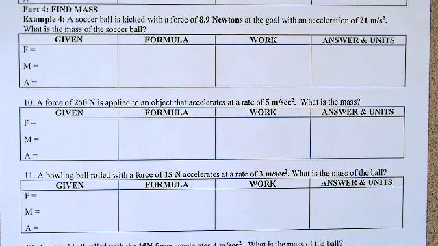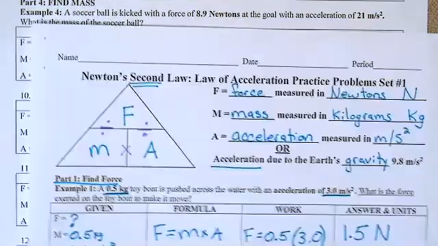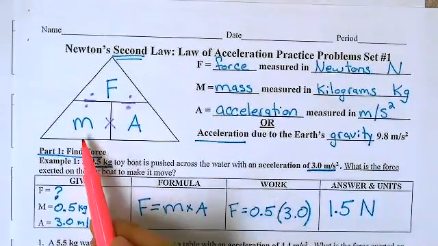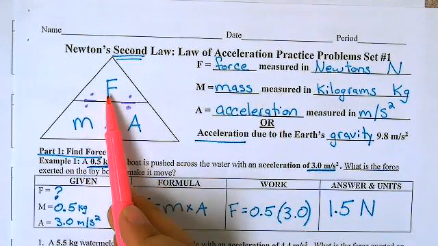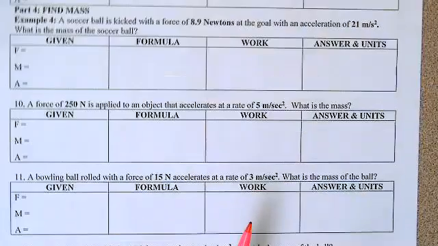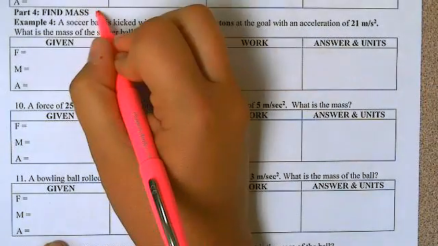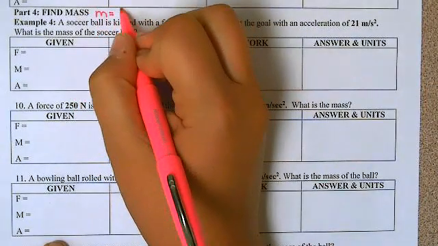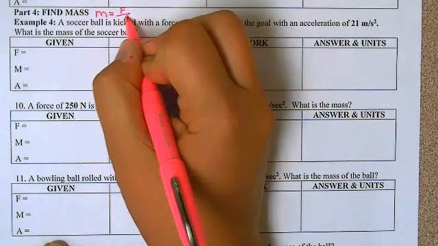All right, for part 4, we are finding the mass. So if we come back to our math triangle, when we're looking for mass, we're going to do force divided by acceleration. So for all of part 4, mass is going to be force divided by acceleration.